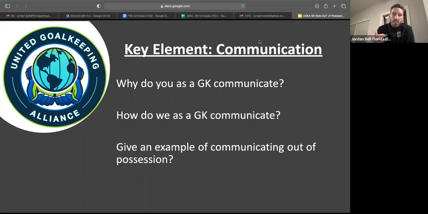The why is you give me an example in the game, and the how is how are you expressing your communication to your teammates? And then if you can give me an example of communicating out of possession. So just start writing that in the chat function, everybody. That would be helpful.